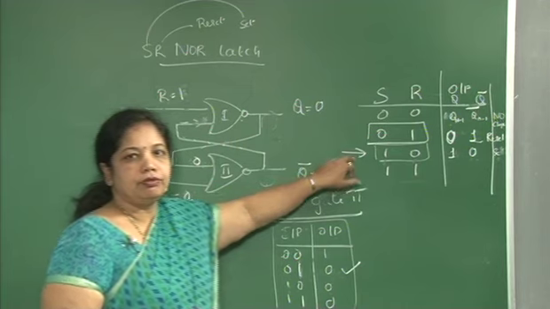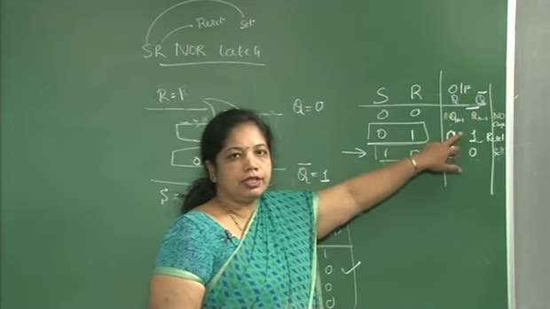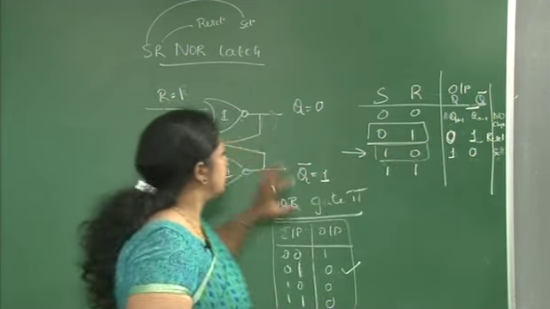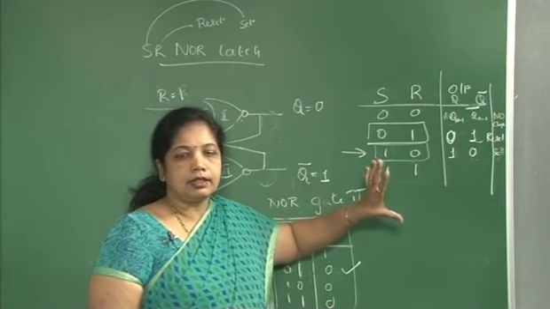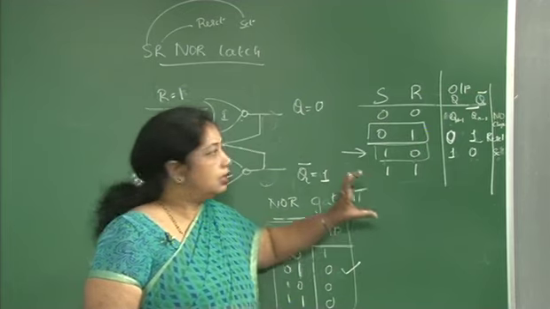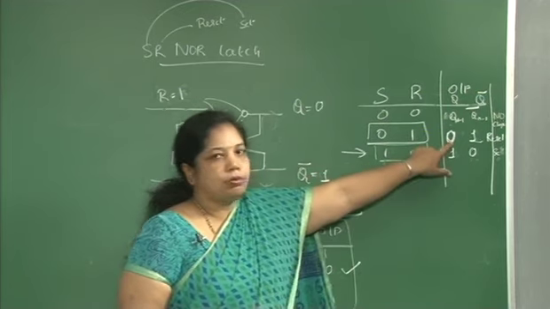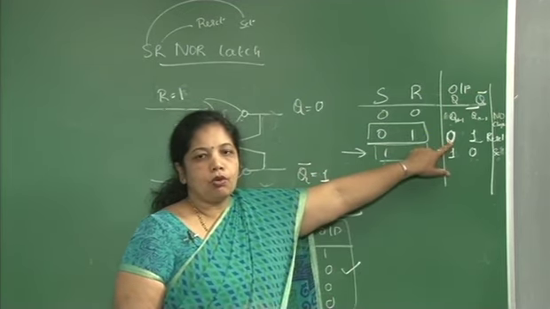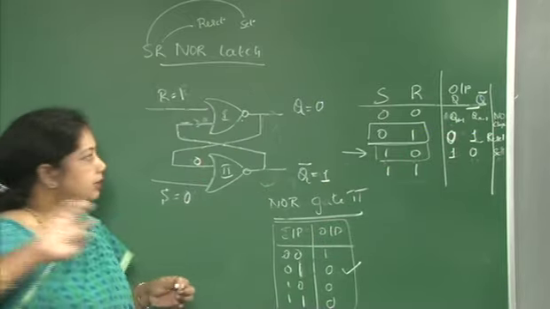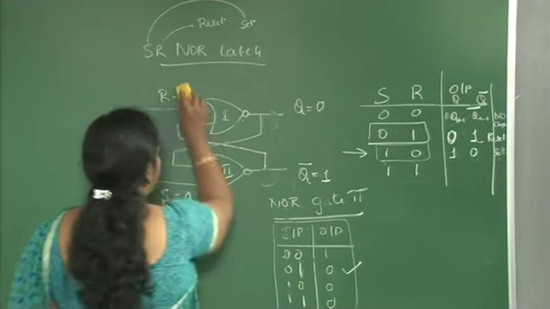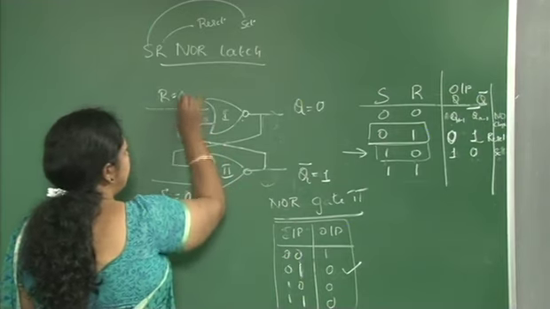So we have here the set condition, reset condition, and no change condition. We can say that the latch is in reset state, meaning my Q output is 0. Let us check once again. If I apply 0 0 back, what is going to happen?